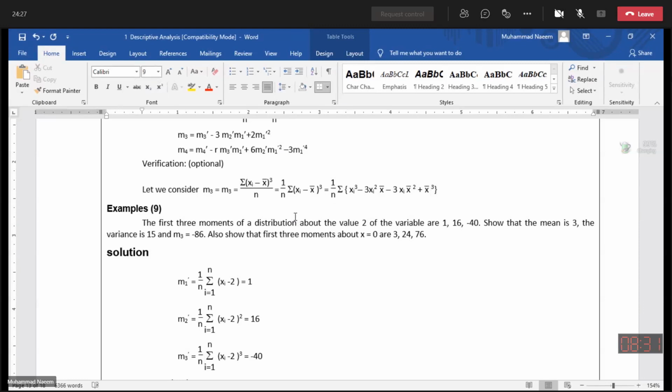Now apply sigma to all the terms and dividing by n.